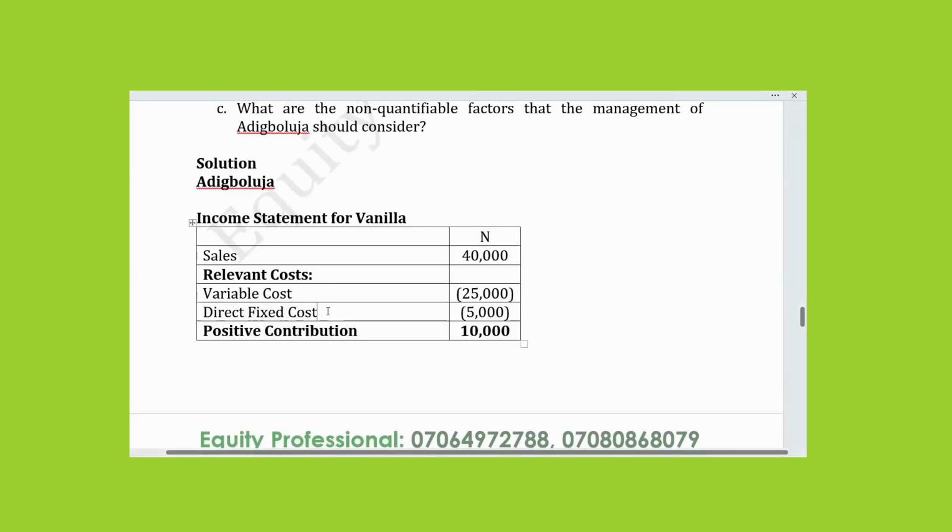Just pay attention. First things first, you need to understand there are modes of operating a particular concept. As far as deleting a segment is concerned, what you need to do is to compare the sales value versus relevant cost of the segment. You don't consider fixed cost. Fixed cost is not a relevant cost.